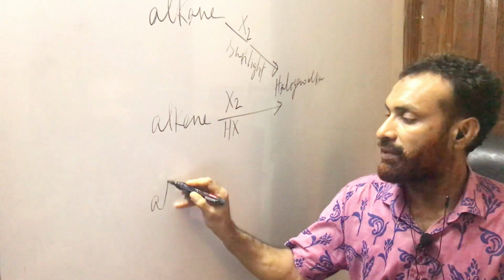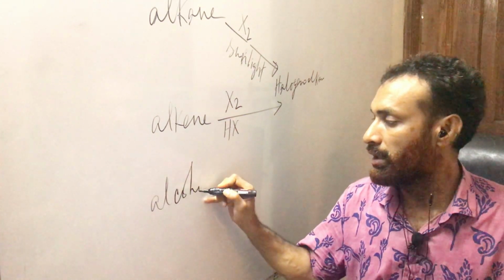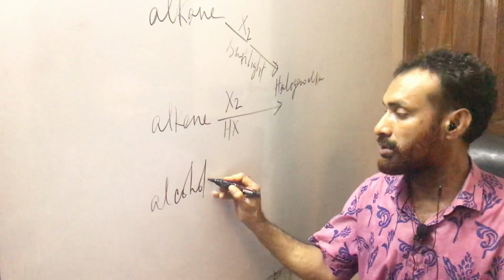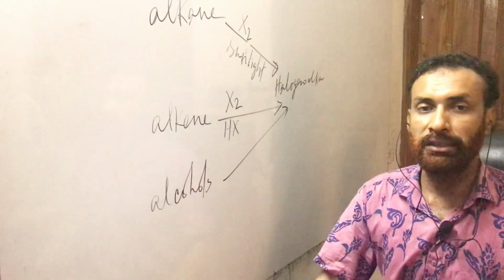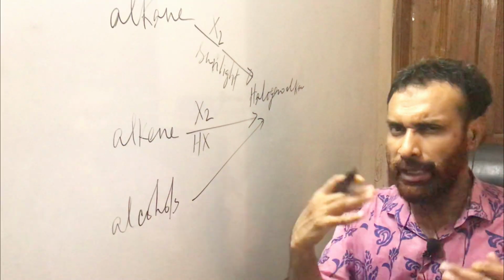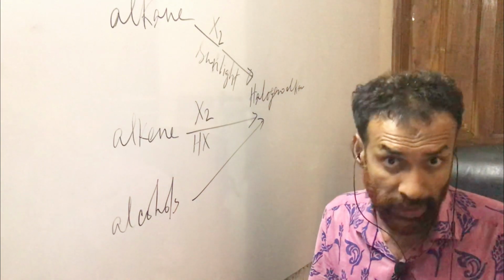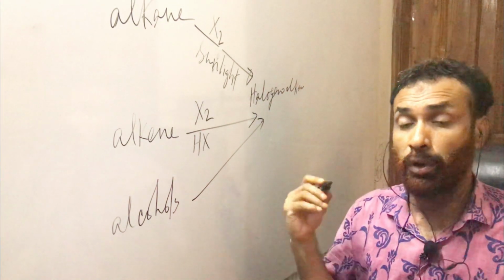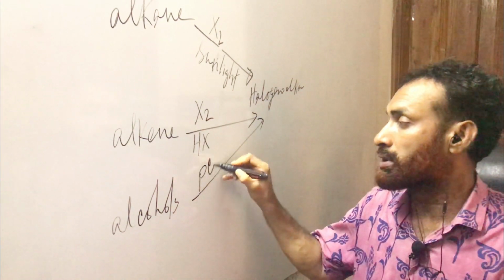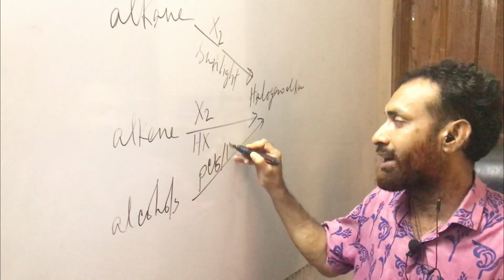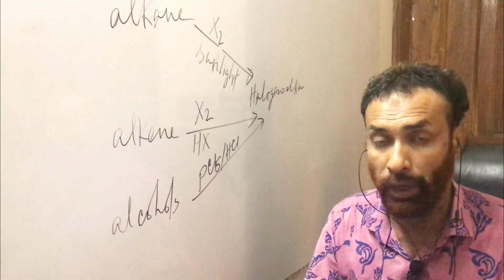And then alcohol. From alcohols, as you already learned in the previous chapter, you can make halogenoalkanes. Actually reagents are many depending on what type of halogenoalkane you're going to make. If this is chloroalkane, then PCl5 was there, or concentrated hydrochloric acid is also a choice.